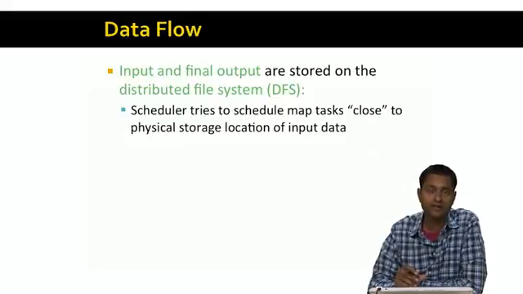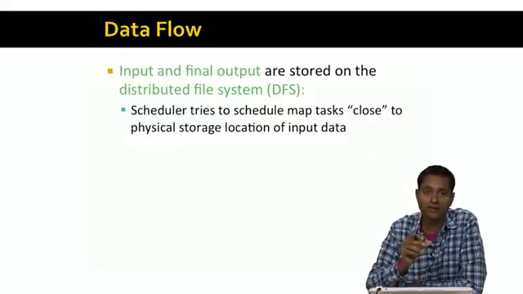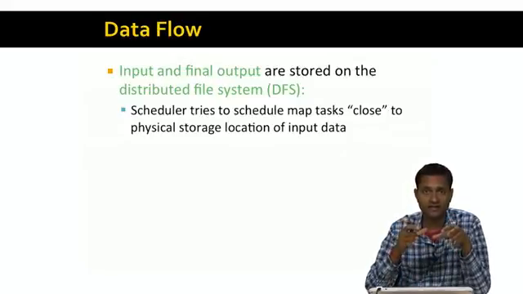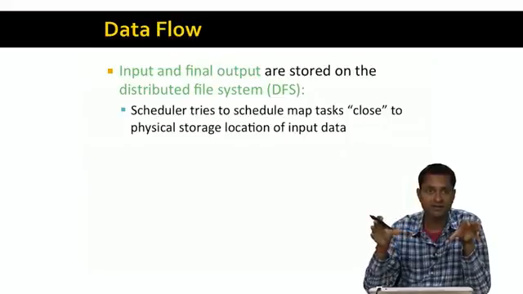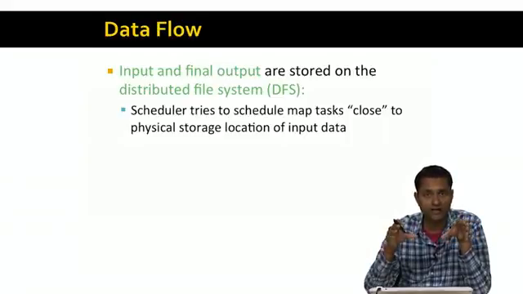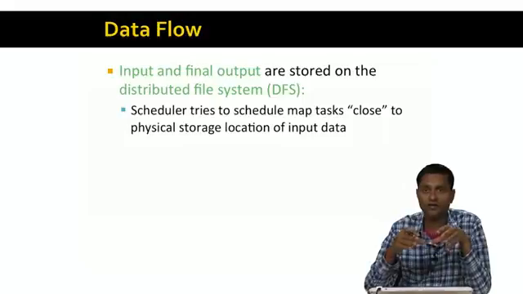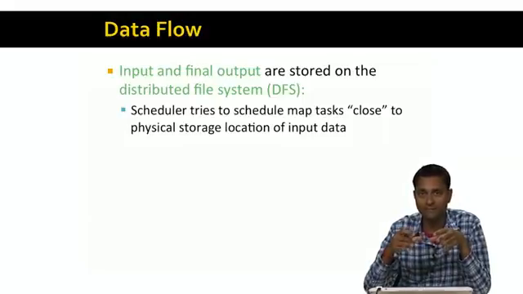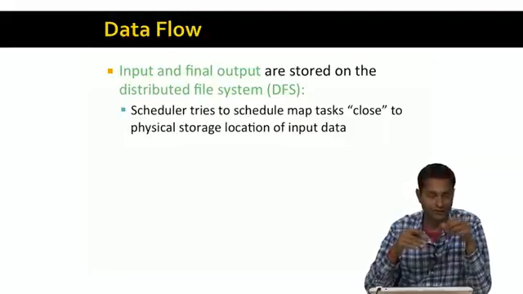What that means is that, recall, the input data is a file, and the file is divided into chunks, and there are replicas of the chunks on different chunk servers. The MapReduce system tries to schedule each map task on a chunk server that holds a copy of the corresponding chunk. So there's no actual data copy associated with the map step of the MapReduce program.